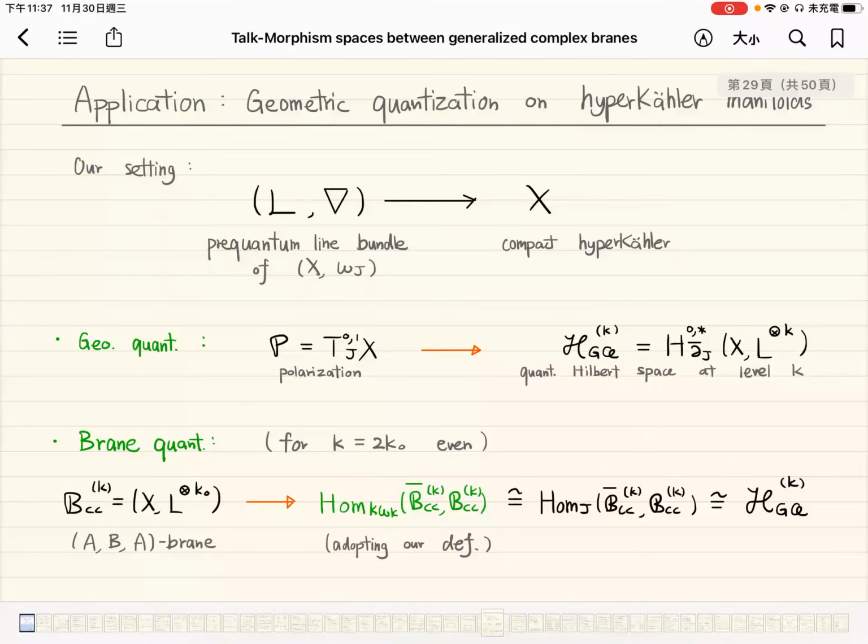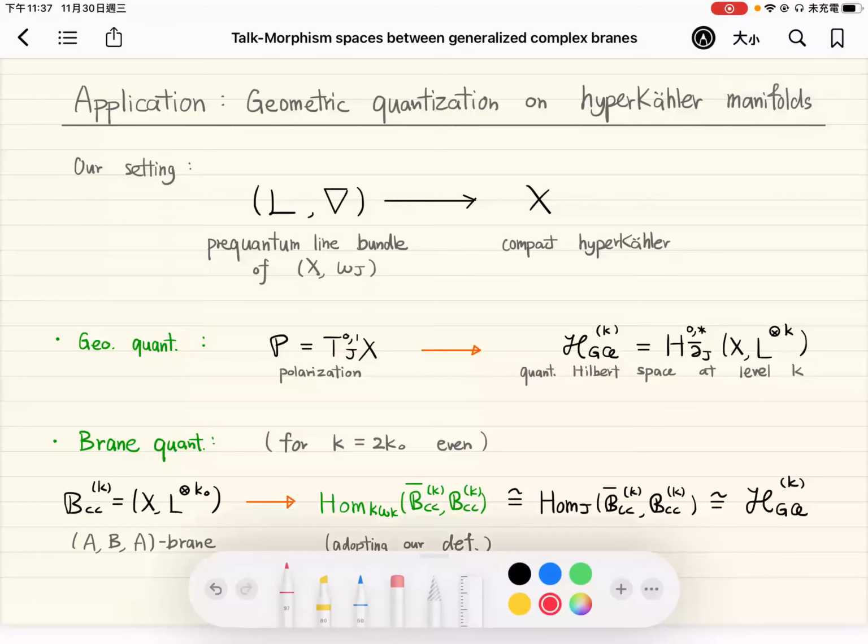In our setting, we consider a compact hyperkähler manifold X, and assume that omega J represents an integral class, so that we can find a pre-quantum line bundle. We just assume that there is one Kähler form representing an integral class, so that we have a fixed pre-quantum line bundle L.